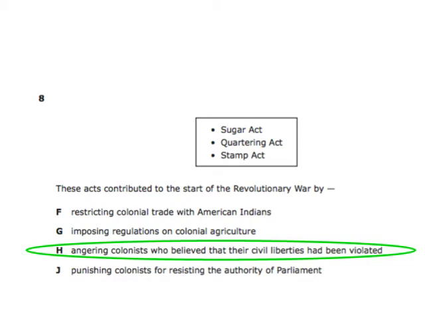They shouldn't be taxed without representation, right? 2 of these things are taxes, and the Quartering Act meant that they would allow the British troops to live in the colonists' homes as long as they needed. That's kind of my civil liberty. It's taken away my freedom and liberty because I have to move out of my bedroom because the British troops are sleeping in there now. And I have to feed them and clothe them and wash their clothes, make their food and everything. That's not quite liberty and freedom.